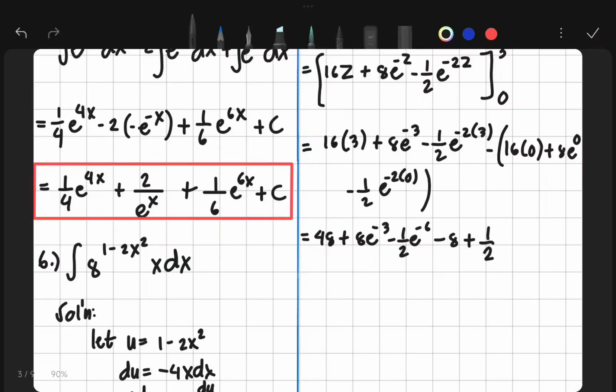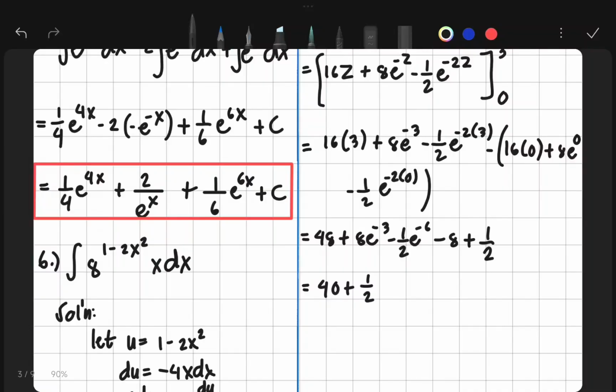Next, we can first add the numbers, 48 and negative 8, which is 40, plus 1/2.